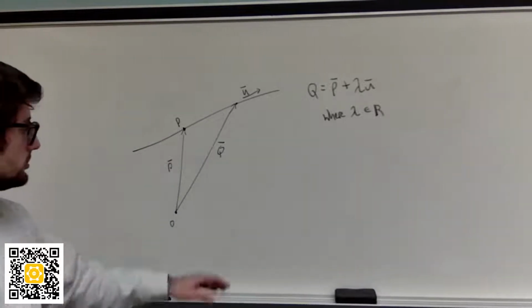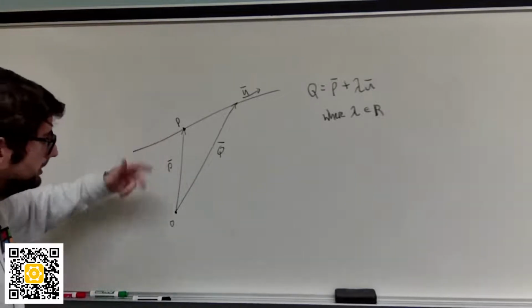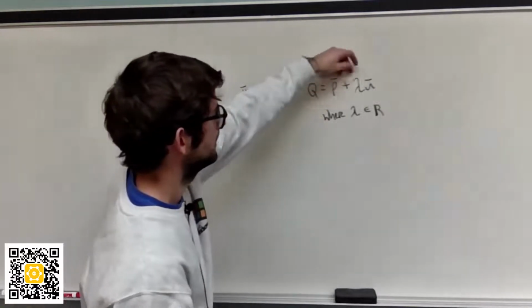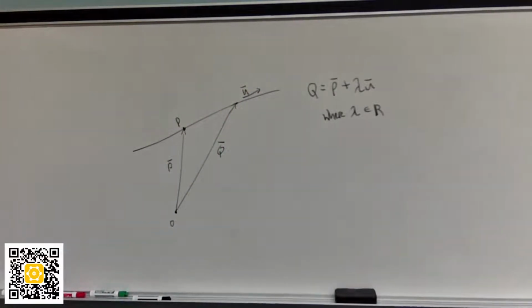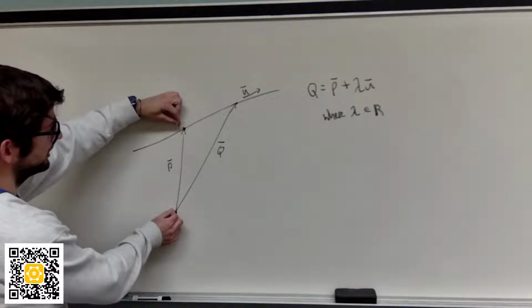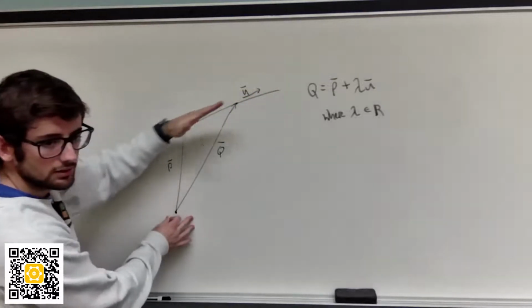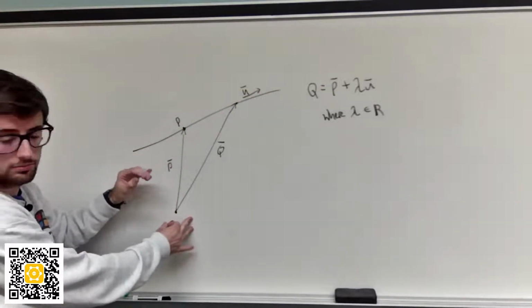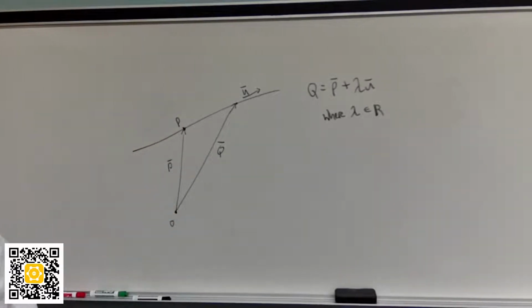So that's how we can construct that q vector from just the p vector, which is from 0 to the point p on the line, plus a factor times the direction of that vector. That makes sense to everyone? I like to think of it as a rubber band, just holding it here. With a positive lambda, I'm stretching that rubber band to any point that stays strictly on this line. And if I'm doing it backwards, it's a negative lambda. So this all makes sense to you guys?